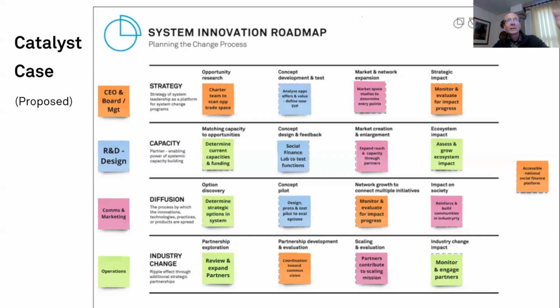As you move to the right, each column, if you look at it from strategy, is like the research for the strategic opportunity, the development of the strategic concept, whether it's a product, a service, or a change of the industry, developing and testing that, and going down the column to the different collaborating groups, then one to the right, to market and network expansion. This has a lot to do also with the diffusion and its impact in the industry, and then the strategic impact, or how that might be defined.